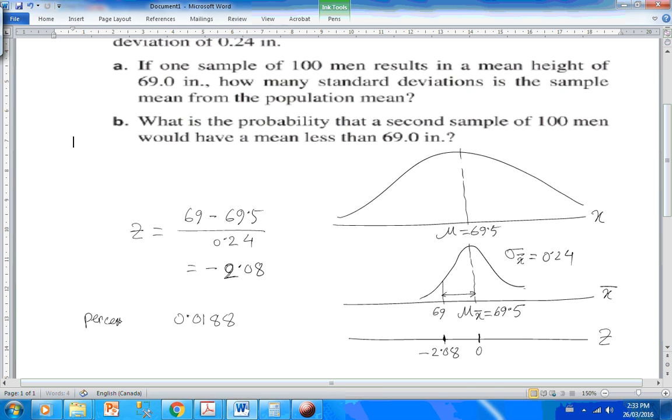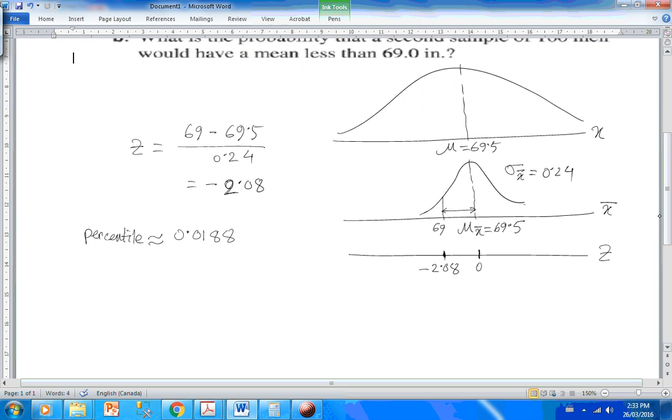Percentile position of this z value. And if you want to express it in 100-based form or percentage form, all you need to do is multiply this value by 100%, or the simpler technique is to move this decimal point to the right by 2 digits.